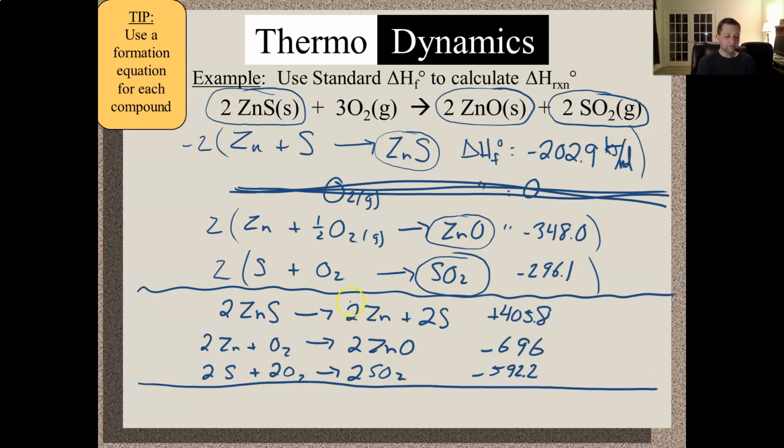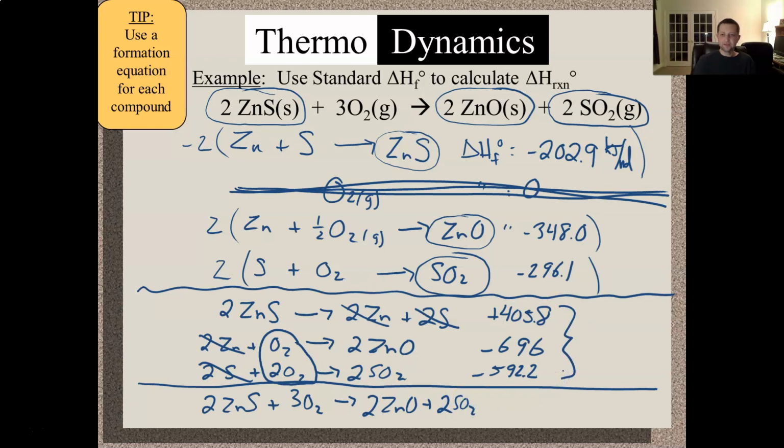Cancel out what I can. 2 zincs on the product side, 2 on the reactant side, 2 sulfur on the product, 2 sulfur on the reactant. Looks like that's about it. Let's combine everything and make sure it works out. 2 ZnS plus, right here, you have 3 oxygens, produces 2 zinc oxides and 2 sulfur dioxides.